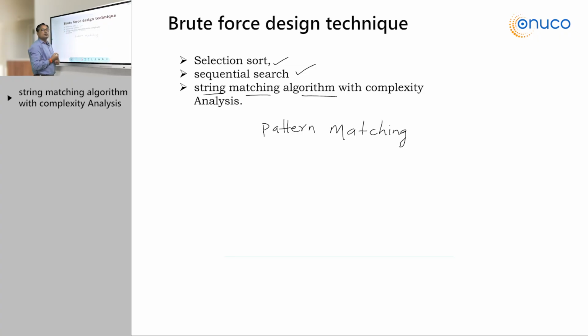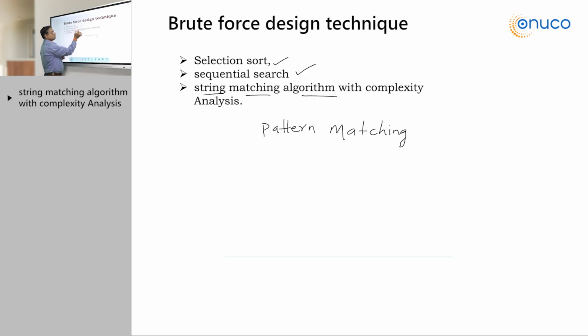We are going to find a particular pattern in the given text, the main string, right? For example, Bangalore is a very good city, and we want to find the pattern "good", whether good is present or not, right? So that is what our program will give you as the outcome: that the pattern is found or not found.